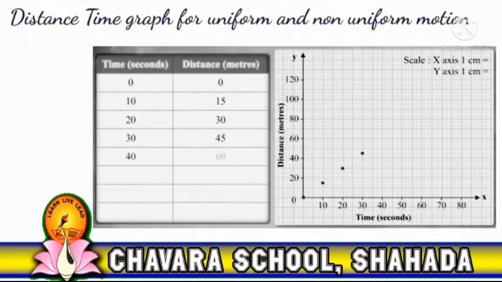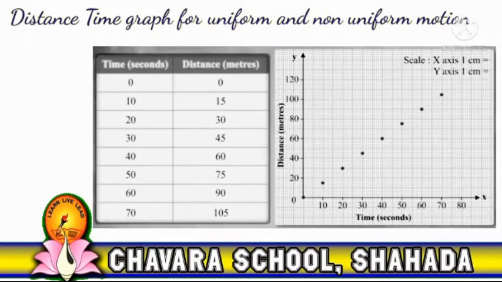Distance in meters, 60. Time in seconds, 50. Distance in meters, 75. Time in seconds, 60. Distance in meters, 90. Time in seconds, 70. Distance in meters, 105.